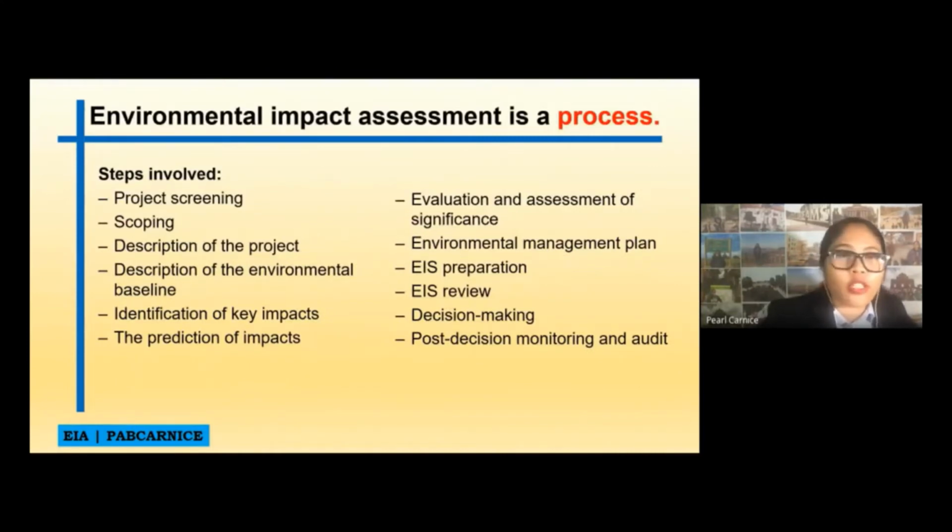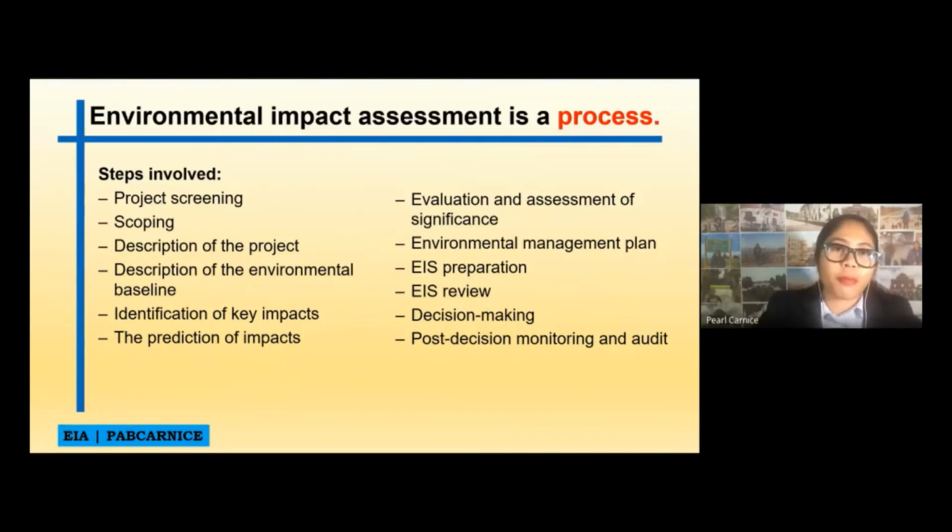First is, of course, the project screening. I already mentioned this. Project screening, scoping, description of the project, description of the environmental baseline, identification of key impacts, prediction of the impacts, evaluation and assessment of significance of these impacts, the environmental management plan, in which we will state how we can mitigate these impacts or these activities.